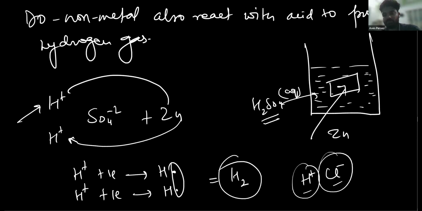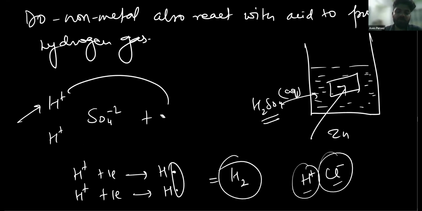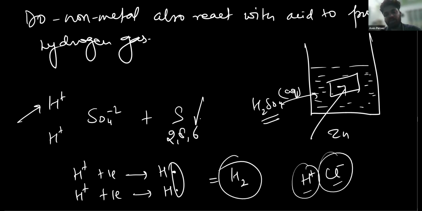Got it? Yes, sir. But what would happen if there is no zinc, meaning no metal donor, no electron donor? For example, sulfur has electronic configuration 2, 8, 6. It already needs 2 electrons to complete its octet, to have the electronic configuration of the nearest noble gas.